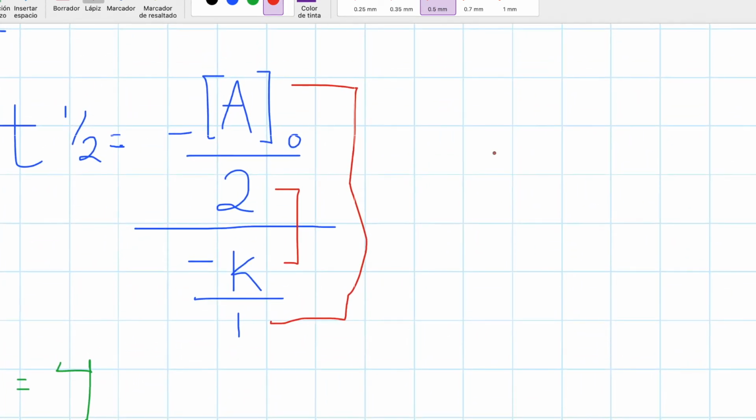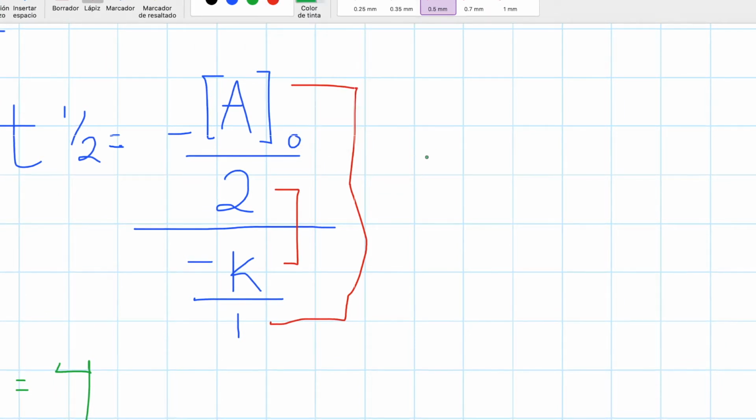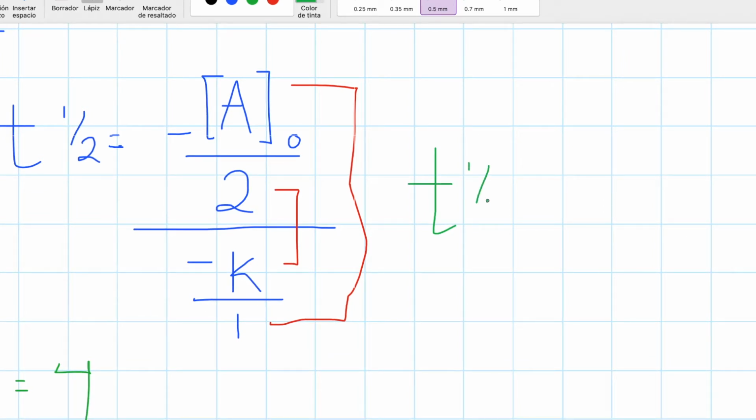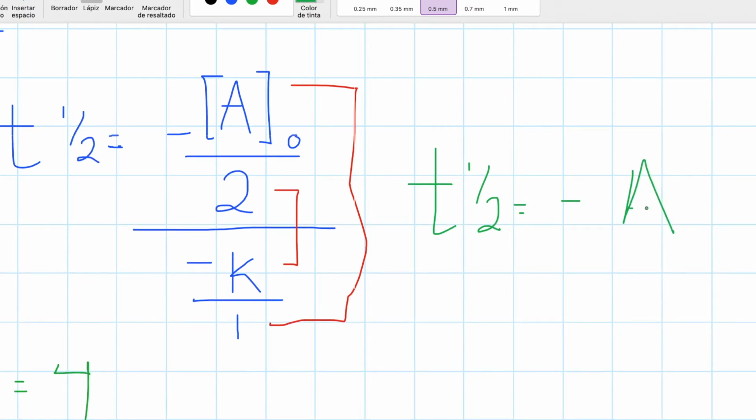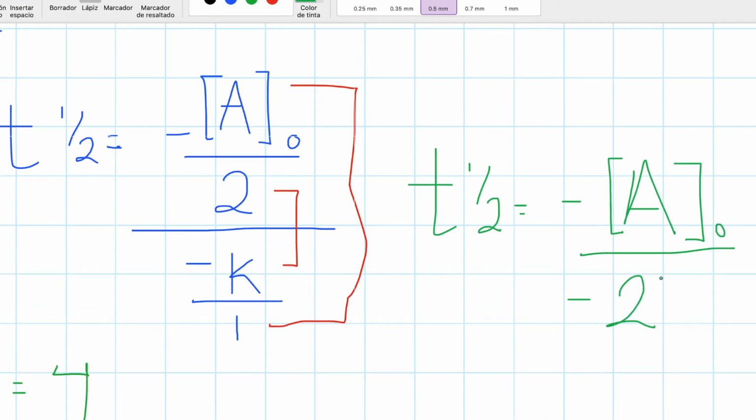So t1/2 would be negative initial concentration, because the ones on the outside are going to be our numerator, over 2 times negative k, so 2k.